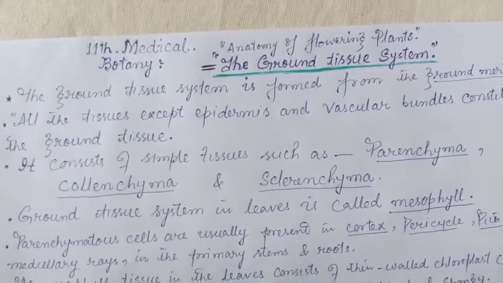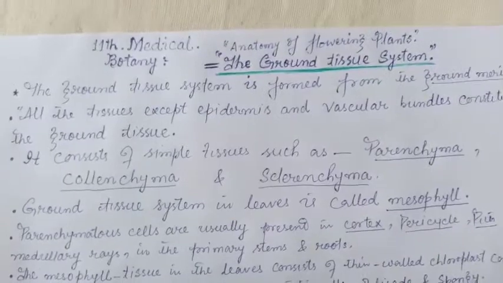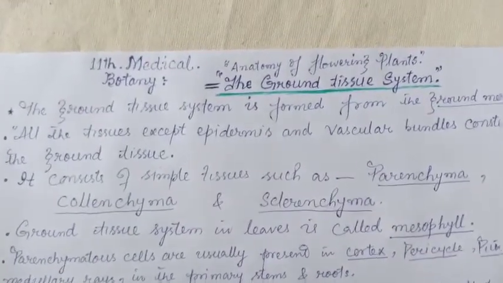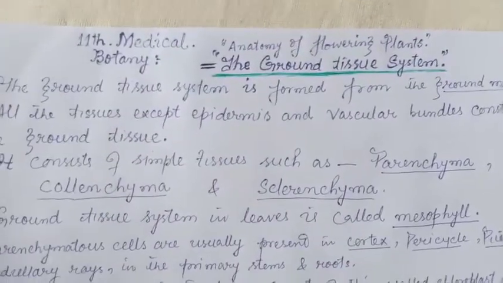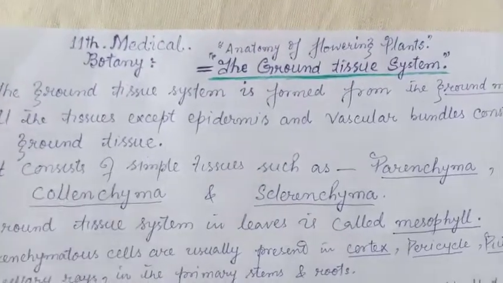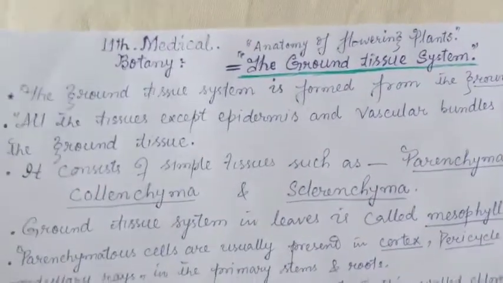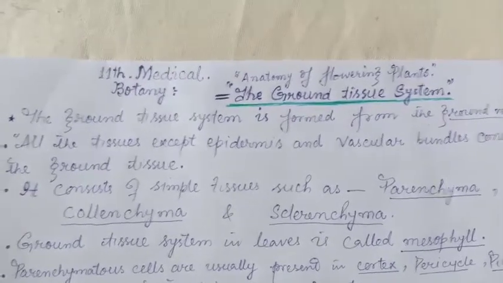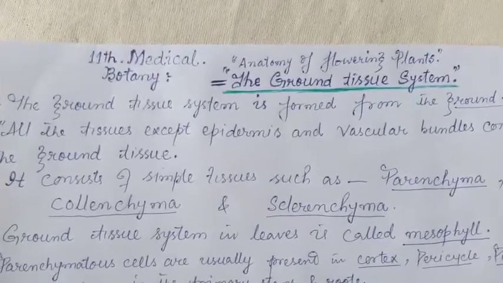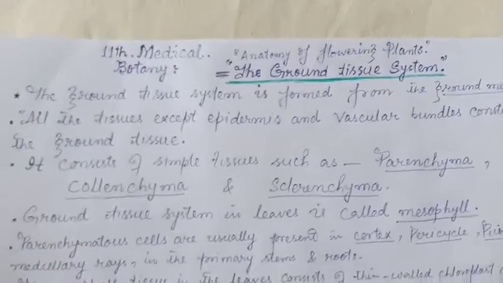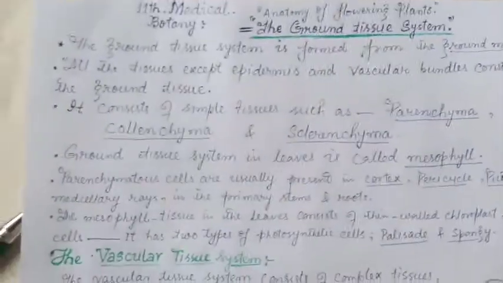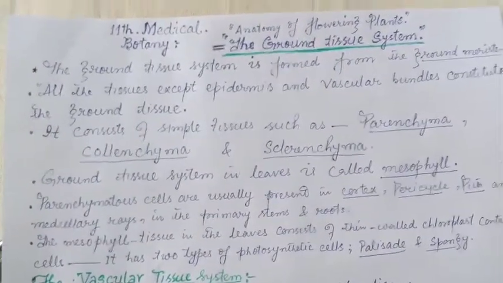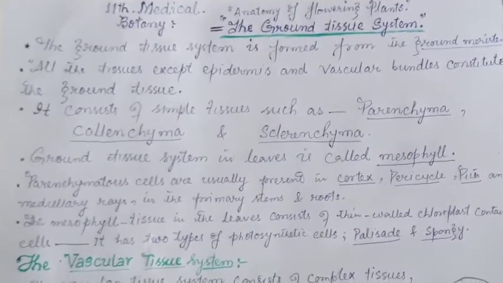The ground tissue consists of simple tissues such as parenchyma, collenchyma, and sclerenchyma. I will repeat. There are three simple tissues: parenchyma, collenchyma, and sclerenchyma. The ground tissue in leaves is called the mesophyll.